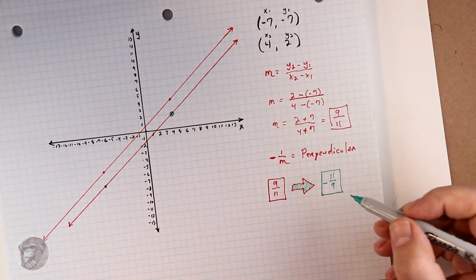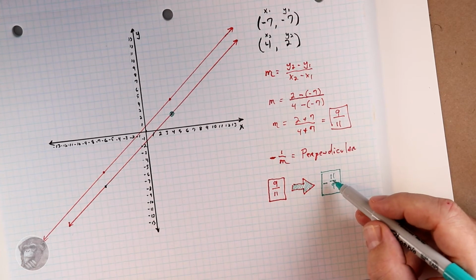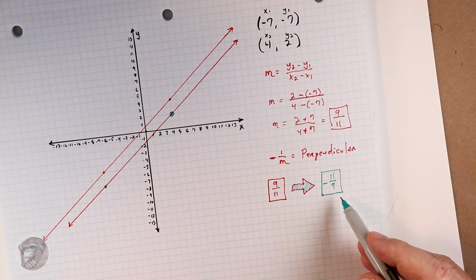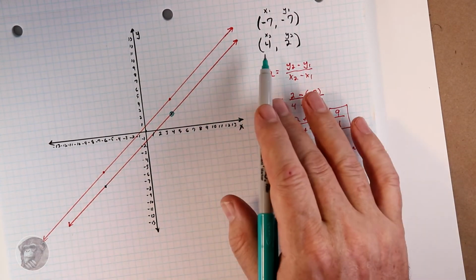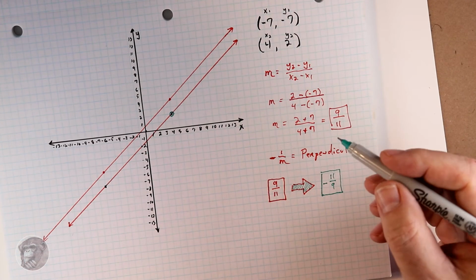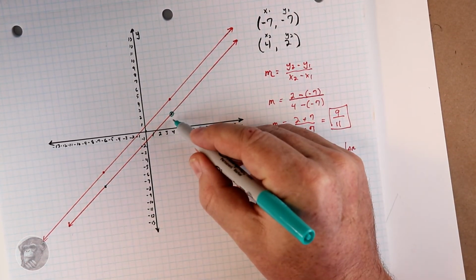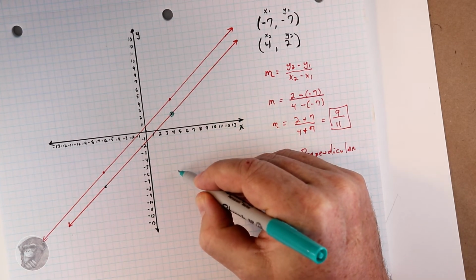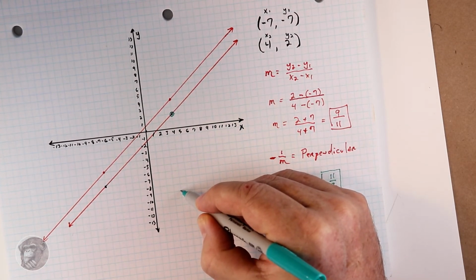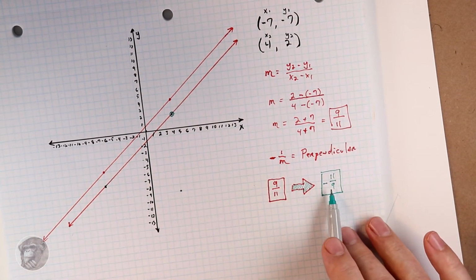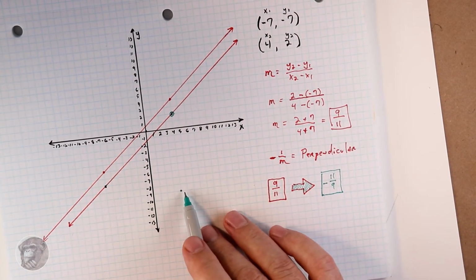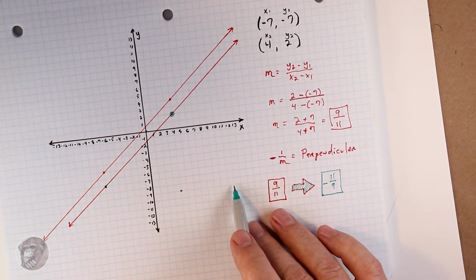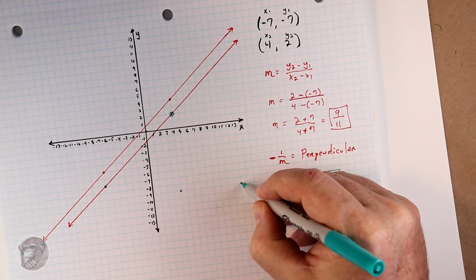Our rise is -11, so we're going down 11 spaces. The point we found earlier was 4 and 2. So I'm just going to drop down 11: 1, 2, 3, 4, 5, 6, 7, 8, 9, 10, 11. That's how far I drop down. And then I do have to go over 9: 1, 2, 3, 4, 5, 6, 7, 8, 9. So it's right there.